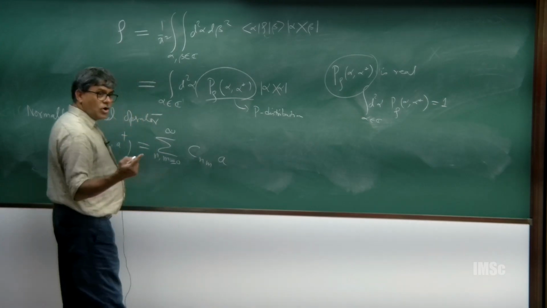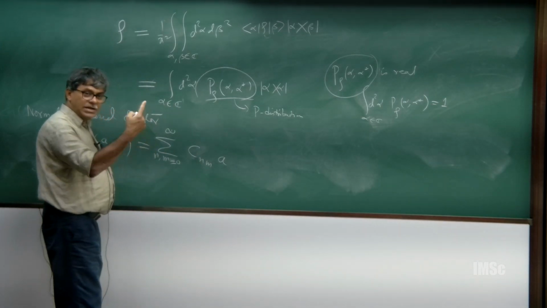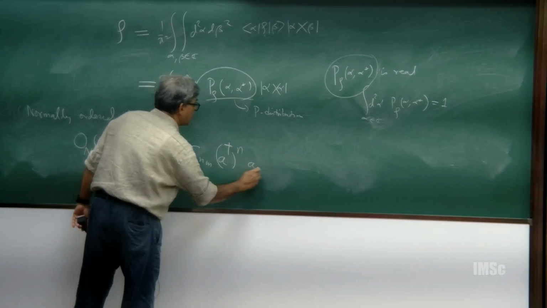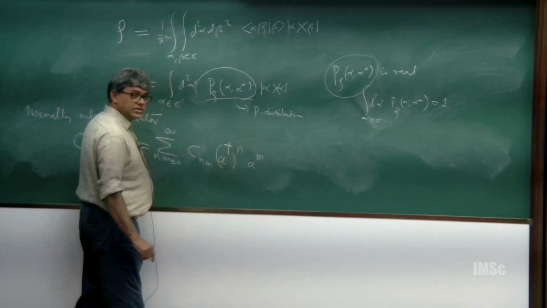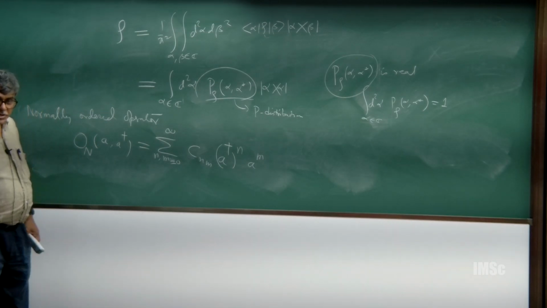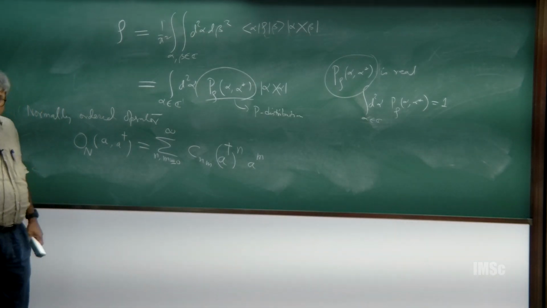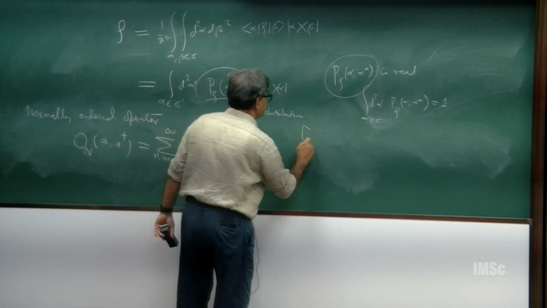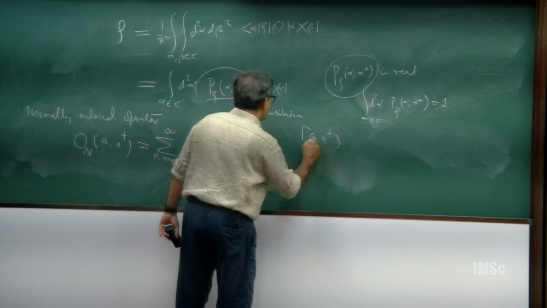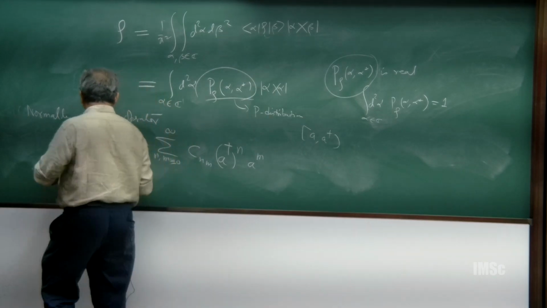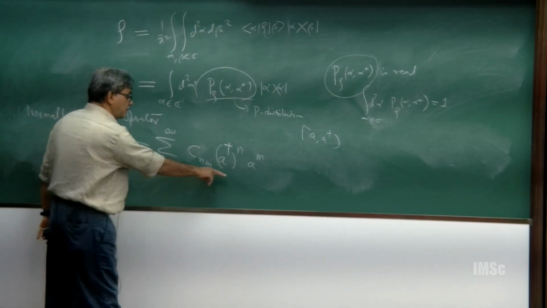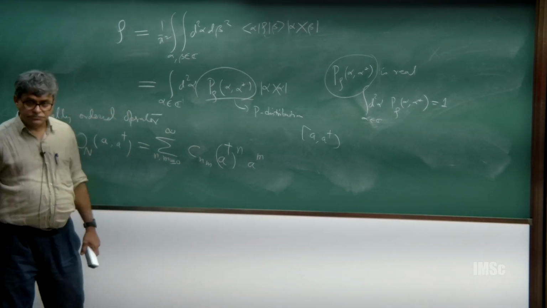Normal ordering means all the powers of A dagger will come on the left and all the powers of A will come on the right. Okay. So, this is my normal ordering, and as you know, by using the commutation relation, any function of A and A dagger, not necessarily normally ordered, can always be cast in this form. Okay.